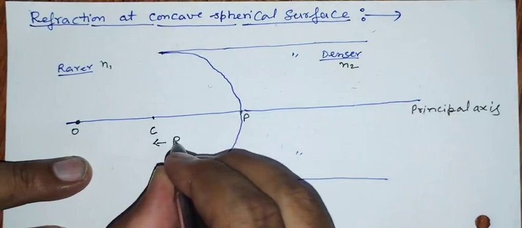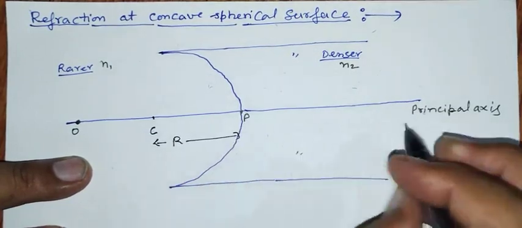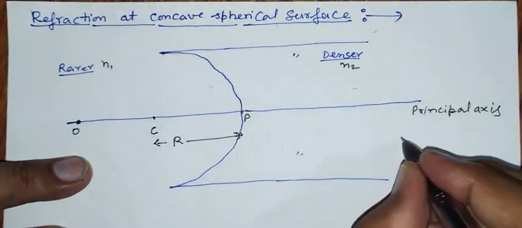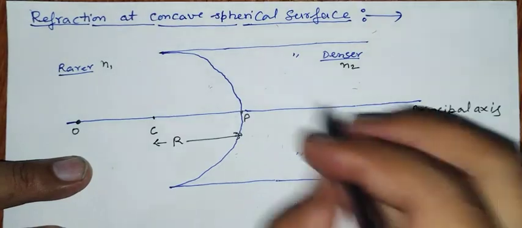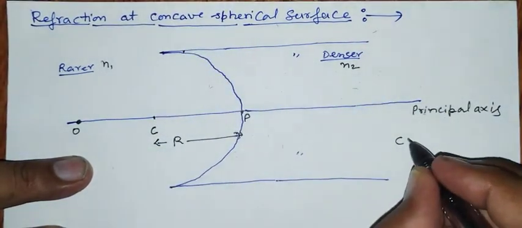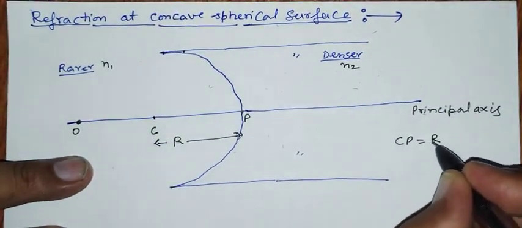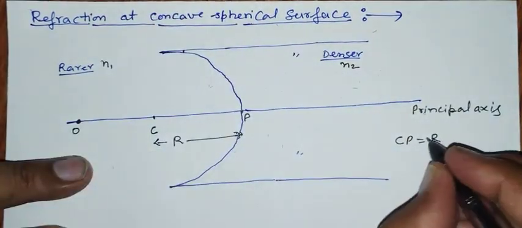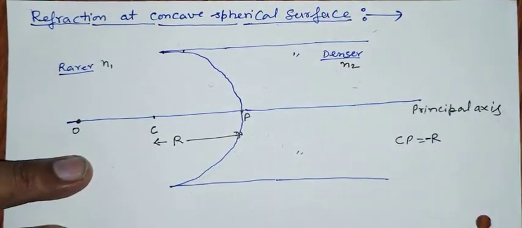CP is the radius of curvature. It is on the left hand side, so its sign convention is negative.